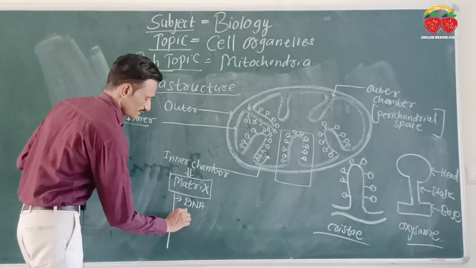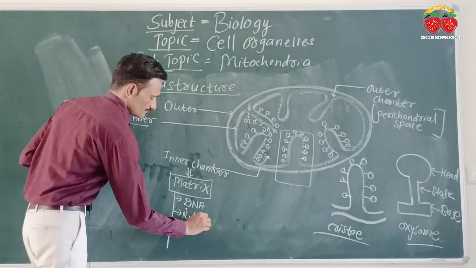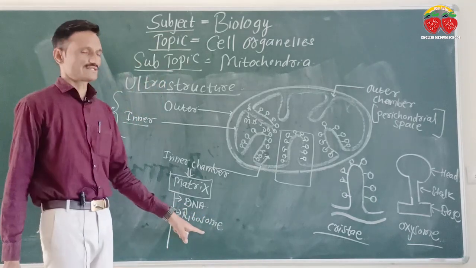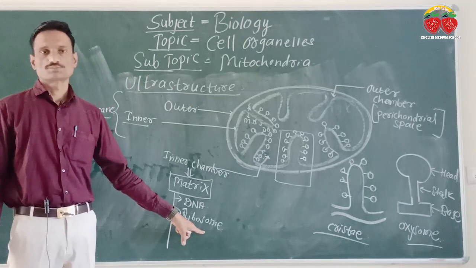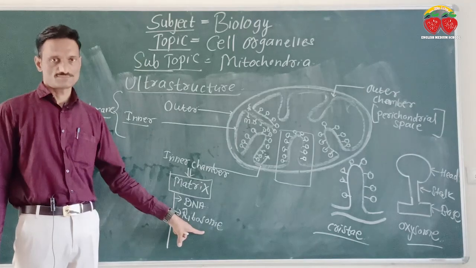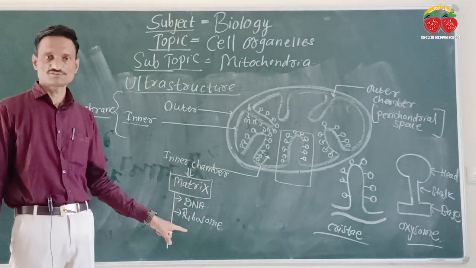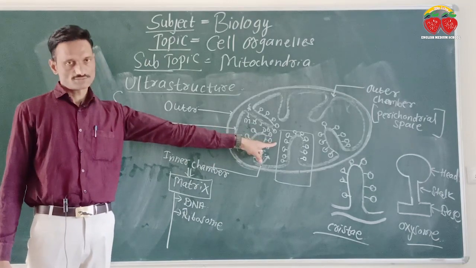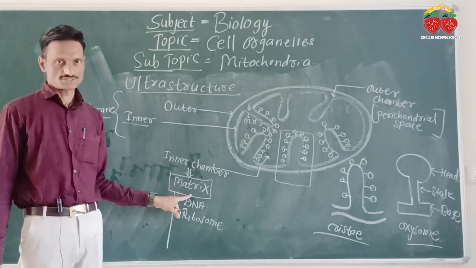Second is the ribosome. Mitochondrial ribosomes are similar to prokaryotic ribosomes. It is just like a 70S type of ribosome. 70S ribosomes are present in the inner chamber, the matrix of the mitochondria.